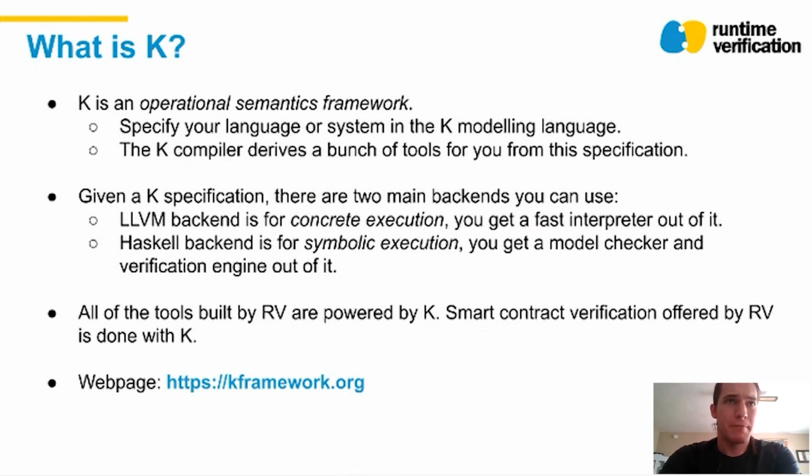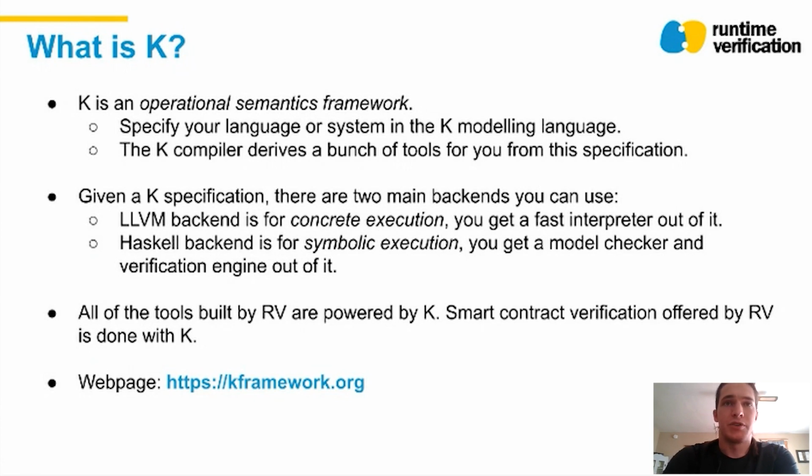We have two main backends which are used to power all of the tools that are generated. And then all the tools are basically written as wrappers around these backends. So we have the LLVM backend. When you write a K specification, the compiler will spit out a bunch of LLVM code, which will implement a fast interpreter for you. So now you'll have an interpreter for your programming language. And then we have the Haskell backend, which is for symbolic execution.